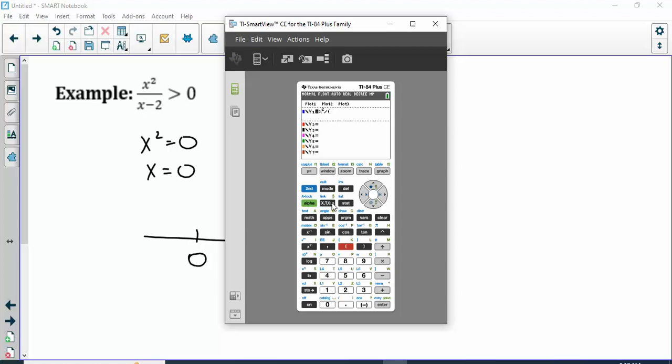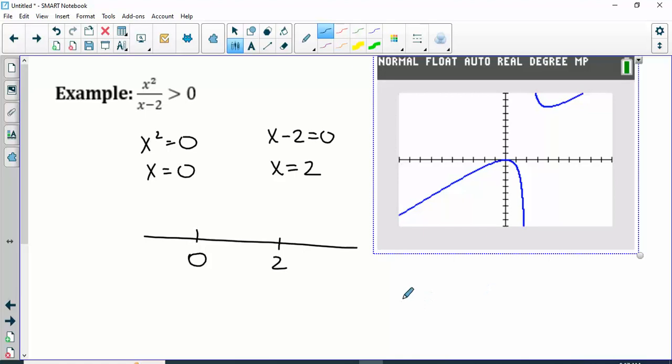There's a minus. Because that causes a bounce. So if we look, before 0, my graph is positive, after 0, negative, and after 2, it's positive.